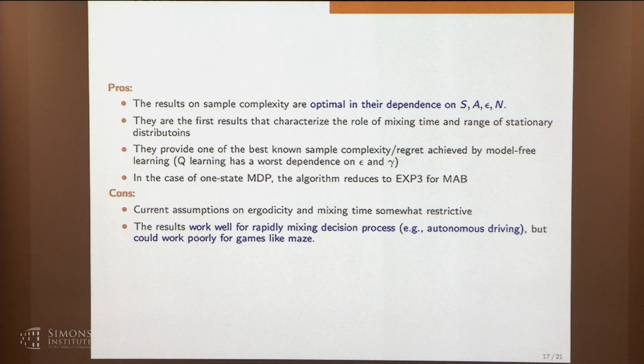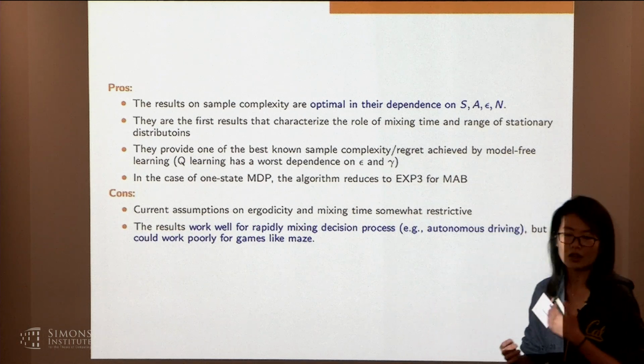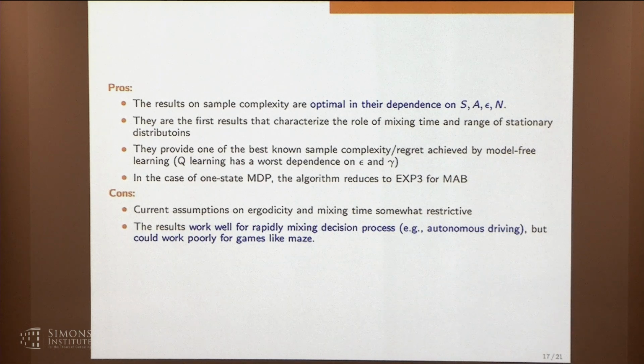So I just want to say that by using this type of primal-dual method with online learning, we can already achieve optimal sample complexity in the dependence on state space dimension, action space dimension, and epsilon.